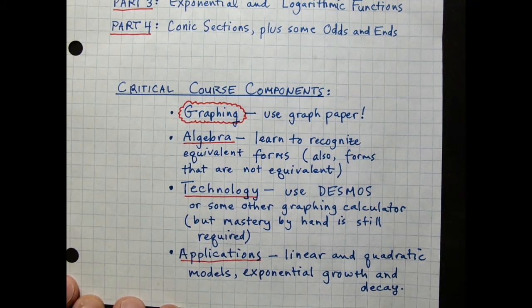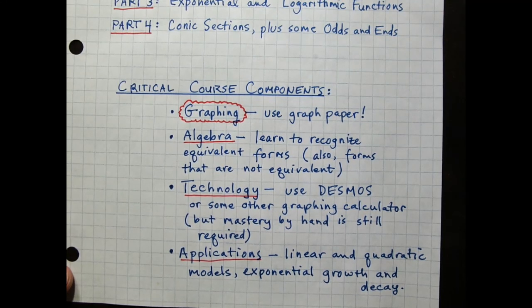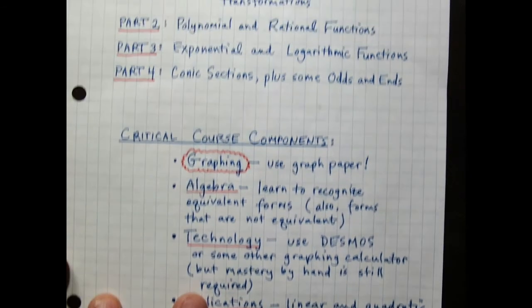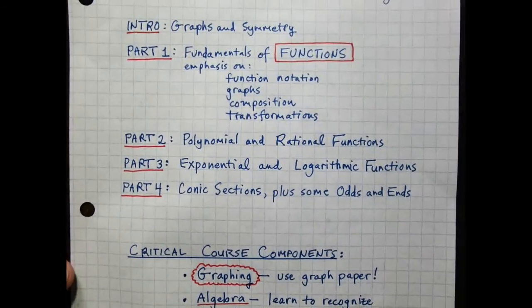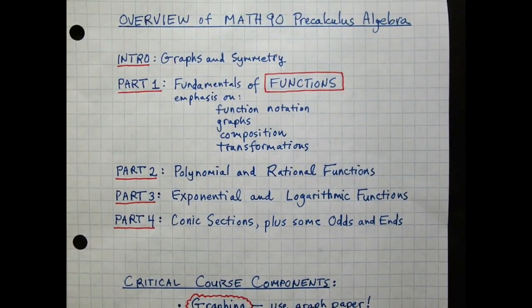Exponential growth and decay, those are just excellent, real down-to-earth applications that show why we need all this gobbledygook that we're going to be learning about in this course. So there it is. There's the overview. I'm just going to slide back down to the contents section, and so in the next video we'll start doing some math.